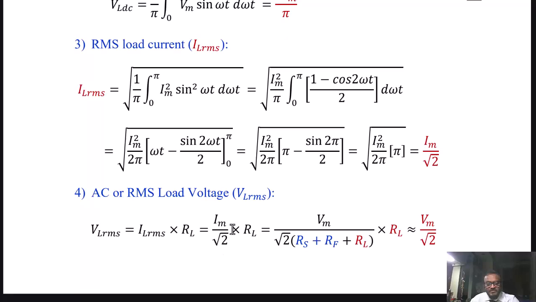Substitute the value of ILRMS here, and that gives VLRMS is equal to Im by root 2 into RL. Whereas Im is Vm upon Rs plus twice Rf plus RL. Here there is a typo. Only Rf is shown. It is twice Rf.